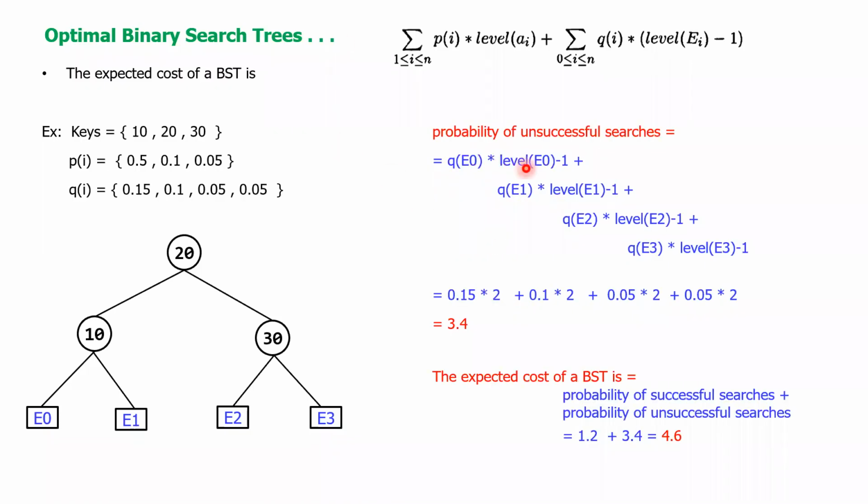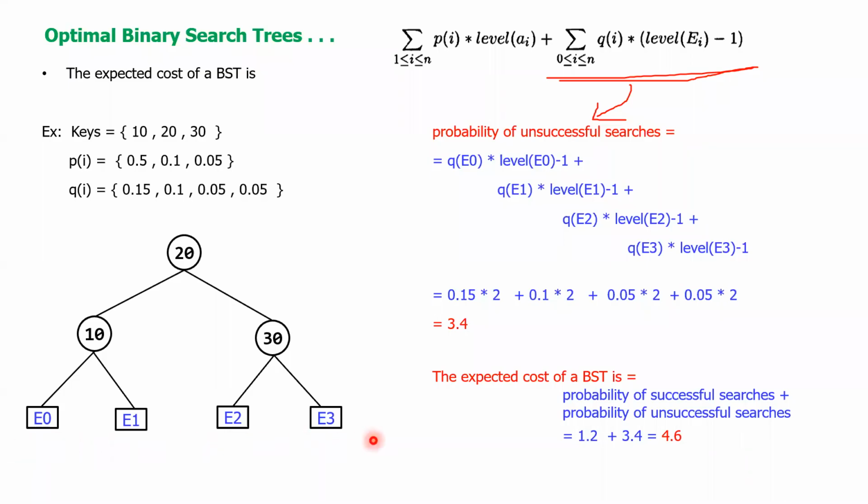In the same way, calculate the probability of unsuccessful searches, which is the part of the equation I'm calculating now, equal to the probability of all unsuccessful searches. Now from the tree, what are all the unsuccessful searches? E0, E1, E2, and E3.